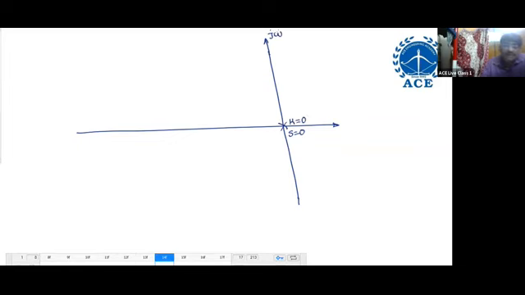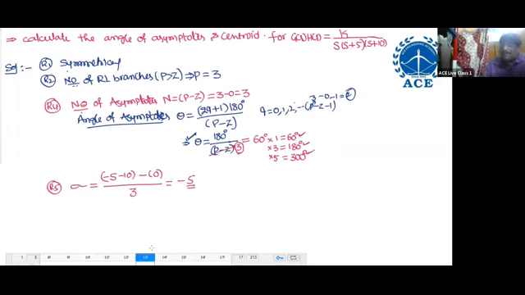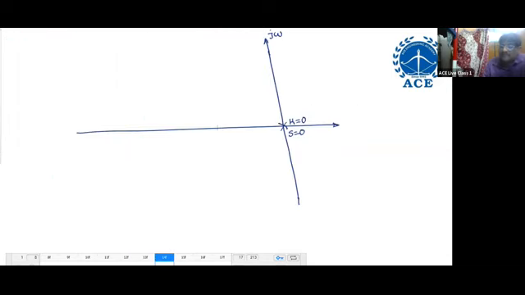This is the j omega axis. Next, one pole is at minus 5, K equal to 0, and another pole is at minus 10, K equal to 0.